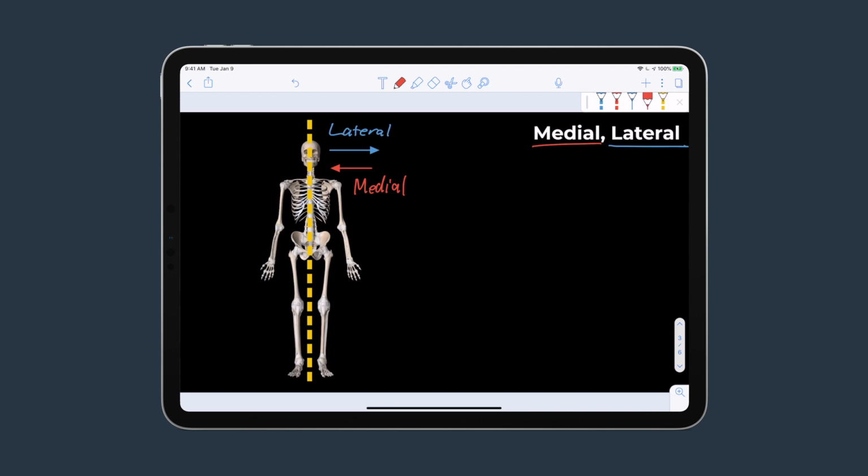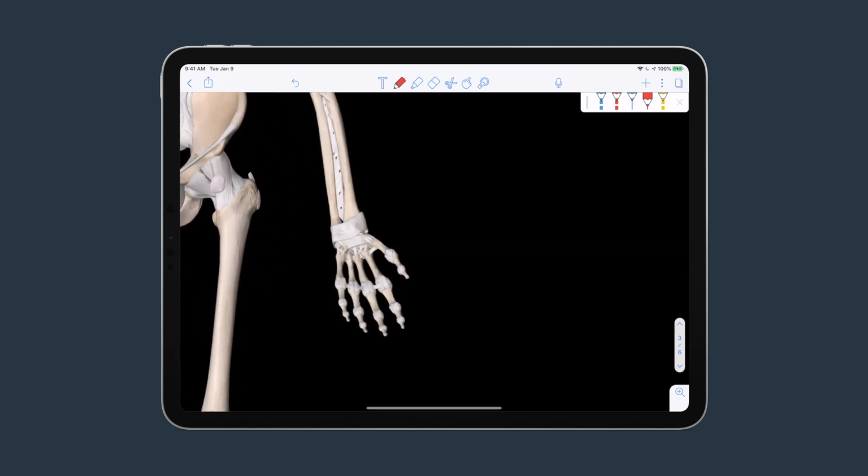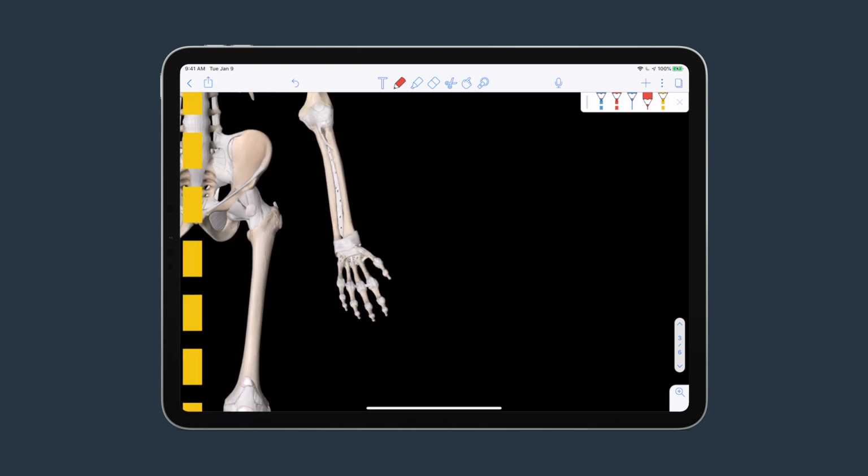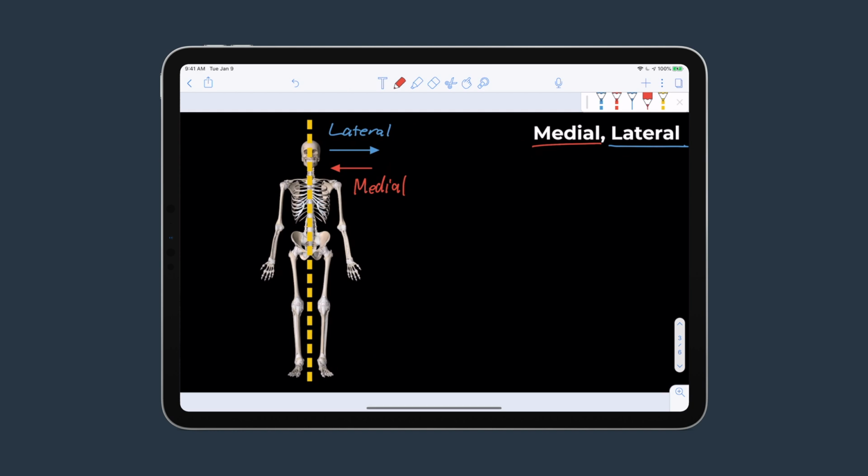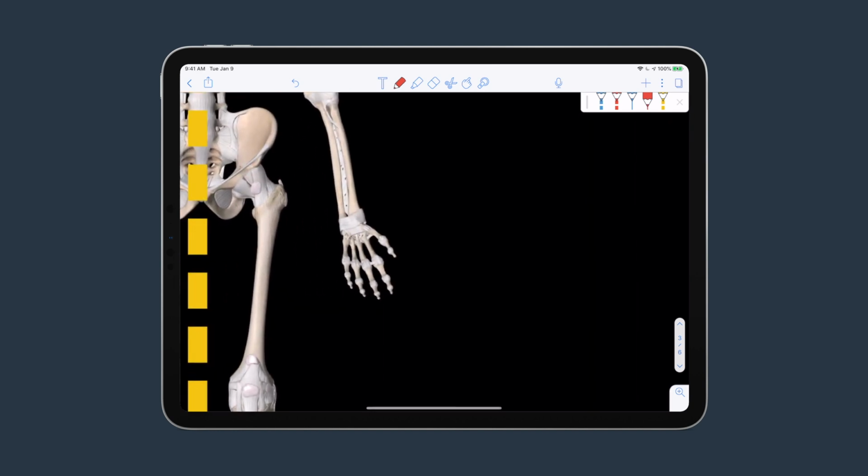So this doesn't have to just apply to something on the body being closer to the midline or further away, though. This can also apply to something as far away from the midline as your hand. You could say that, using our color codes up here, medial and lateral, you could say that the thumb is lateral to the pinky.